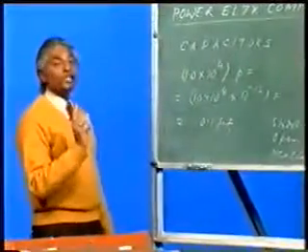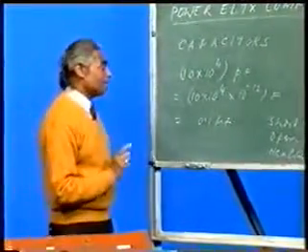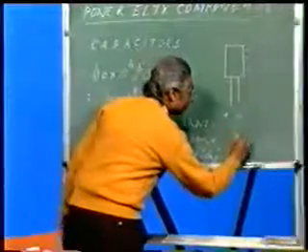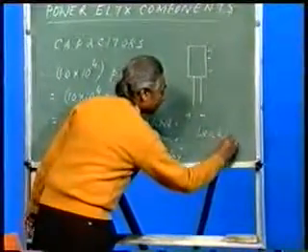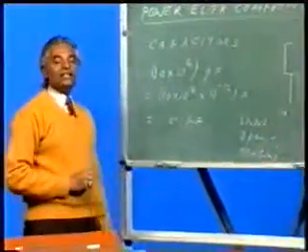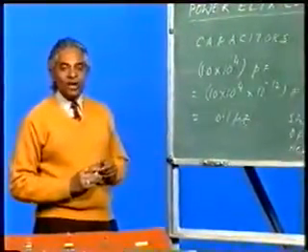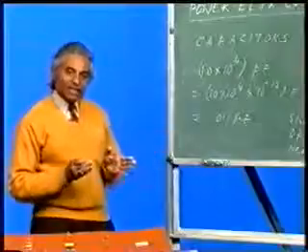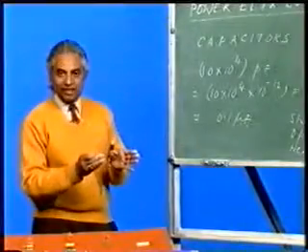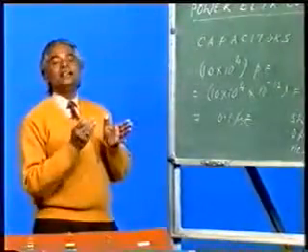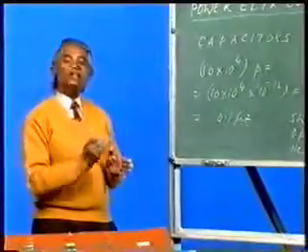There is another check to a capacitor which is known as leaky. A capacitor can be leaky, and this is known as leakage test. What does it mean? You know, I have told you that when I give a supply across a capacitor, it will get charged, and then afterwards it will discharge.